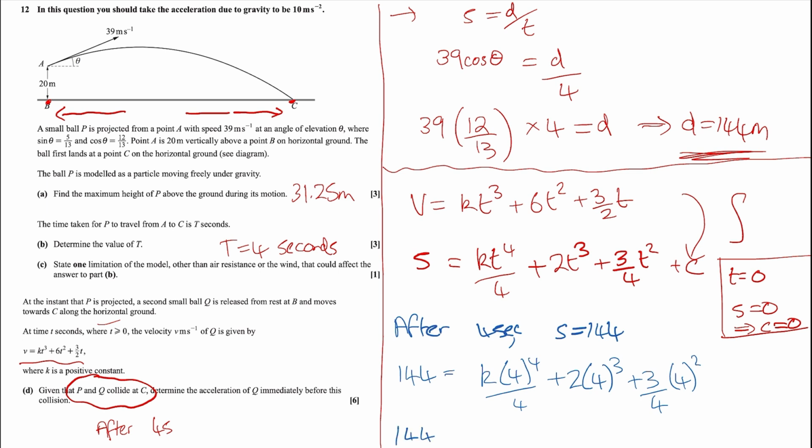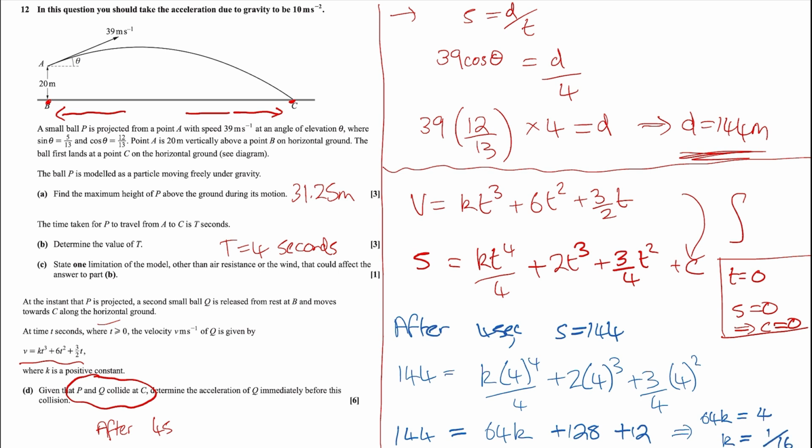Okay, so 144 equals... 4 to the 4 divided by 4 is just 4 cubed, which is 64. 4 cubed is 64, so this is 128. And then 3/4 of 16 is going to be 12. Okay, good. So this implies that 64k equals 4. So then k is going to be 1 over 16.